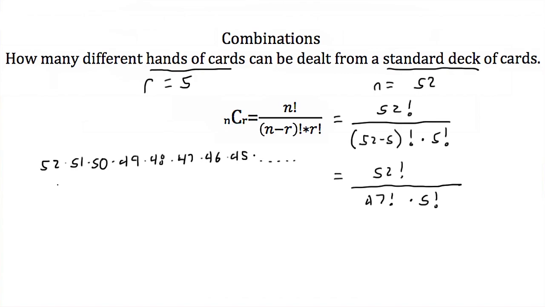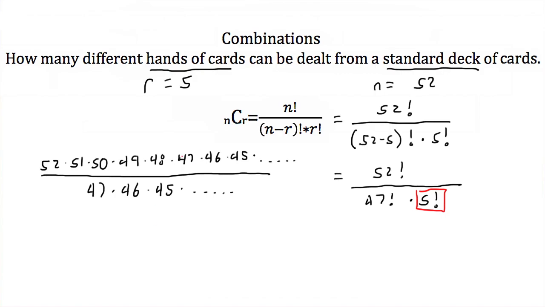Notice that we're going to be dividing this by 47 factorial and 5 factorial. Well, for right now, let's forget about this 5 factorial. We'll come back to that. Let's just focus on this 47 factorial. This is another huge number. We're going to be dividing 52 factorial by 47 times 46 times 45 times 44, and so on all the way down to 1.